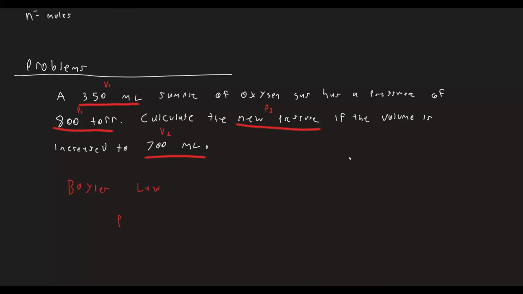We would take P1 V1 equals P2 V2, which is Boyle's law. We know that we need to find this new pressure P2, so we need to solve for P2. That will become P1 V1 over V2 equals P2.